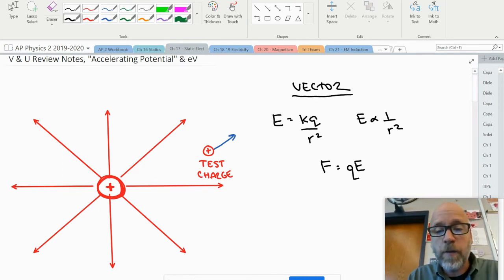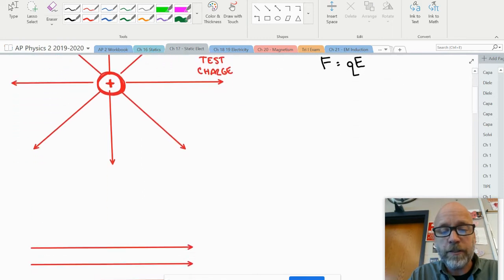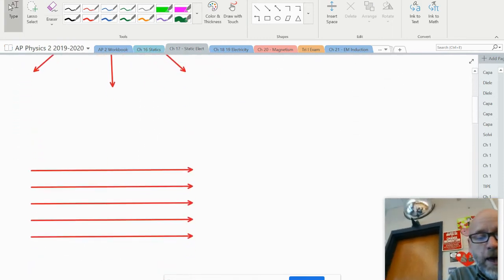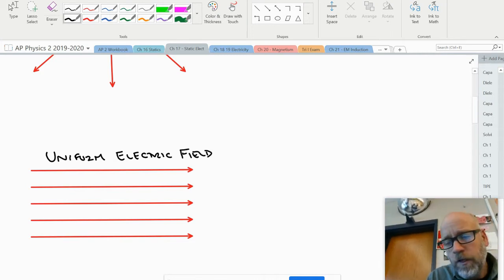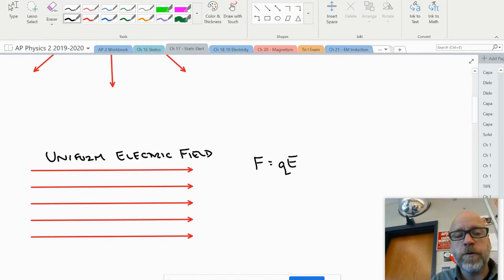Now, the other type of problem associated with electric fields is where we have a uniform electric field. Go ahead, just draw it. A whole series of lines. Good. So that uniform electric field would cause a charge to experience a force.